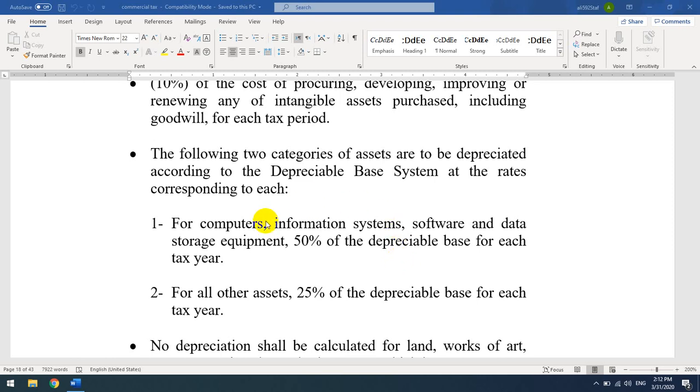This is category number 3. IT assets have to be depreciated using 50% of the depreciation base or the book value.